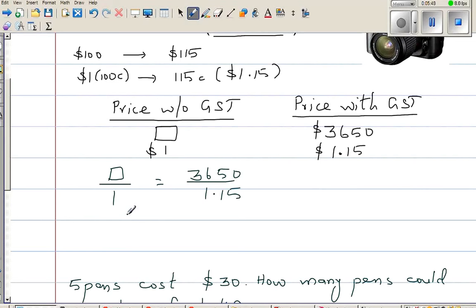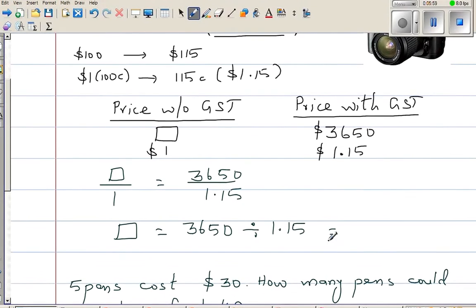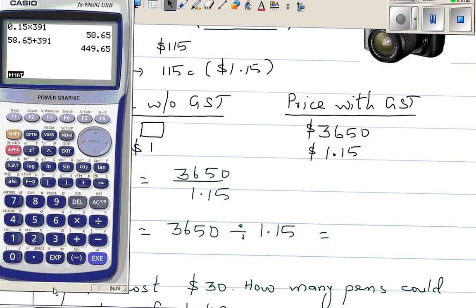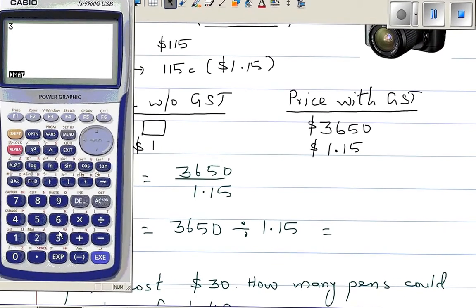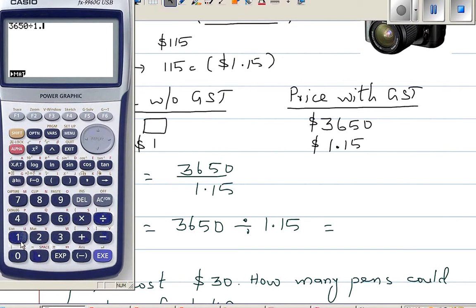For dividing by 1, you get that same thing. So this dash would be 3650 divided by 1.15. So for this we need a calculator. So this is my calculator. 3650 divided by 1.15. This probably may not be a neat number.